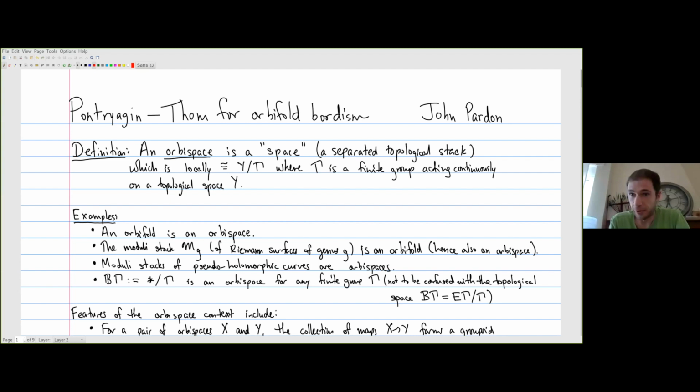The example you're probably all familiar with is orbifolds. John, there's a question. Yes. Someone asked: separated, does it mean the analog of Hausdorff? Yes, it is the analog of Hausdorff, and what it means is that the diagonal map is separated and proper.